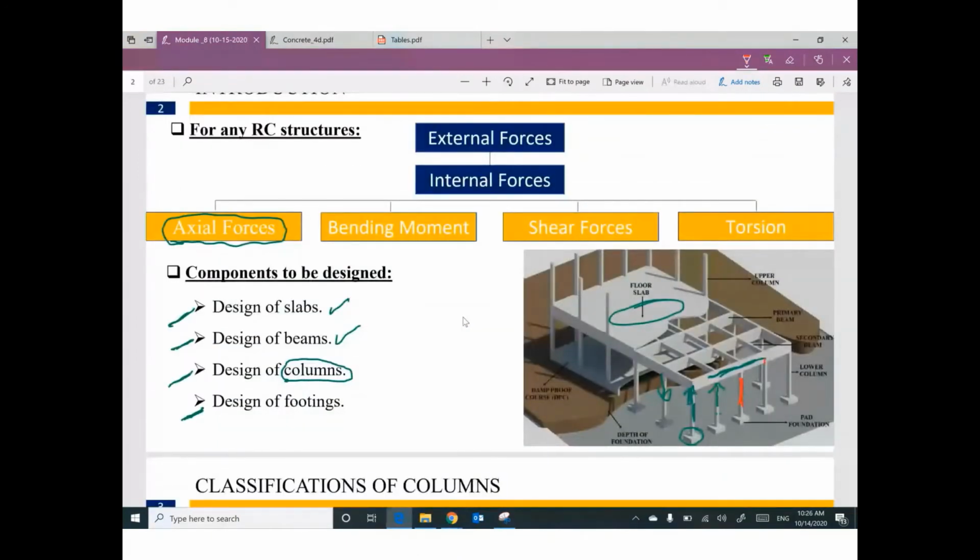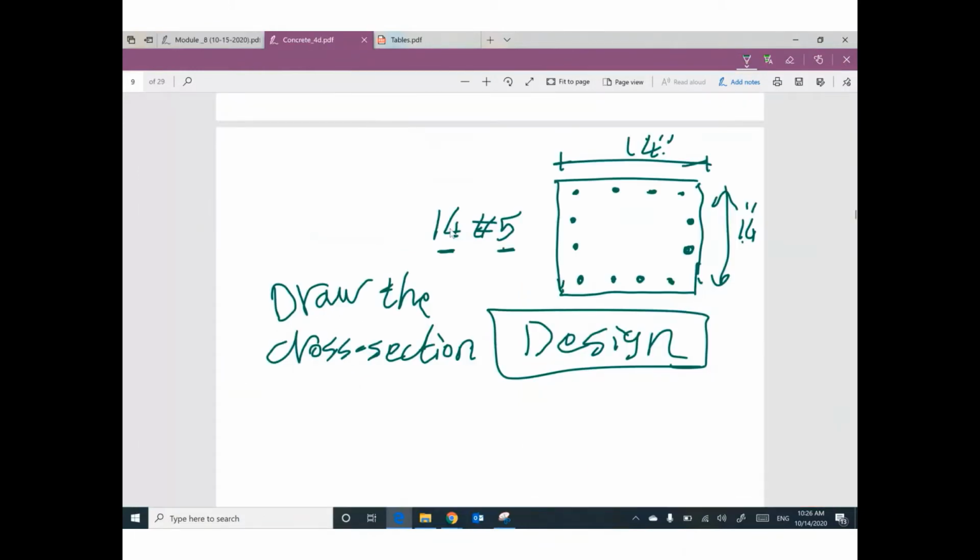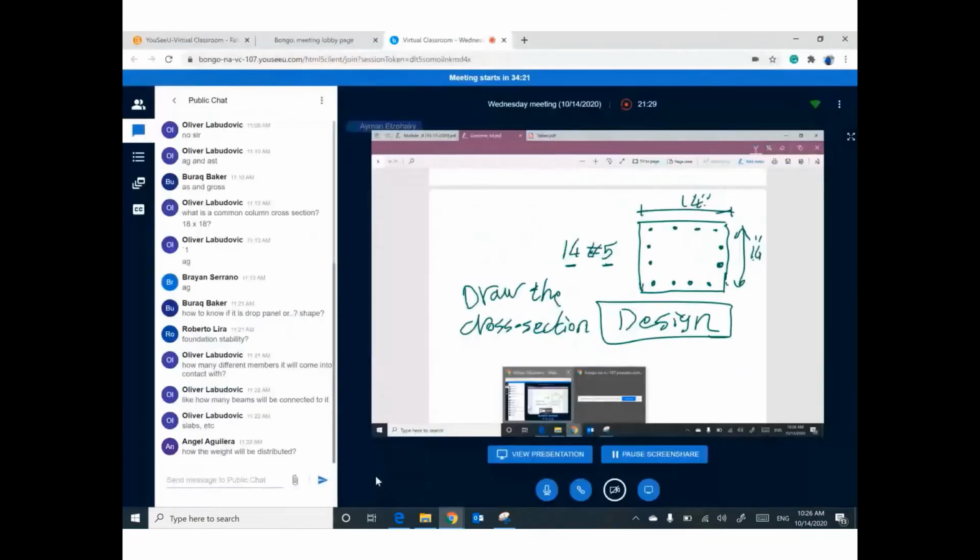How much dead load and how much live load coming from this beam and this beam and this beam and this slab and this structure to this specific column? If you give me this reaction, in a minute I can give you the final design for this column. That's right?